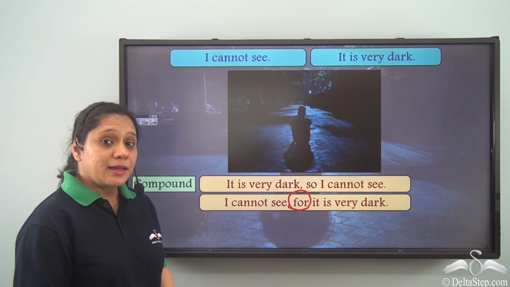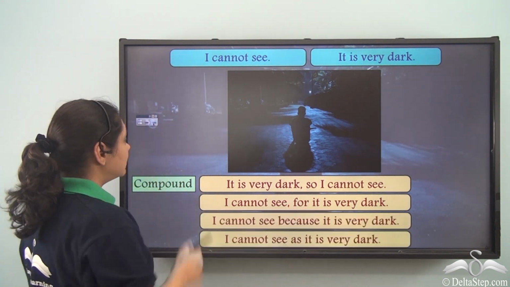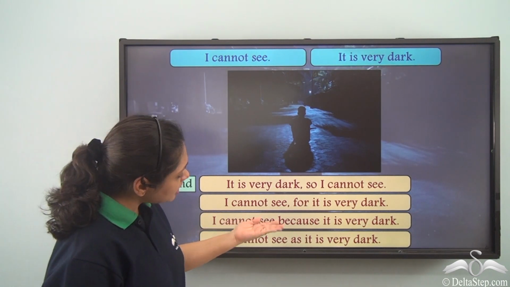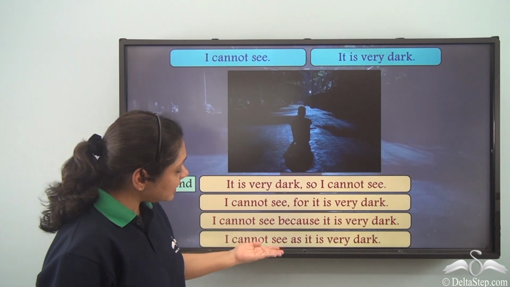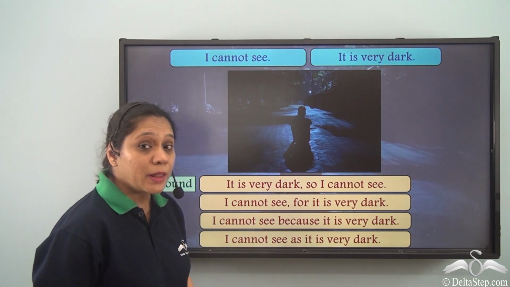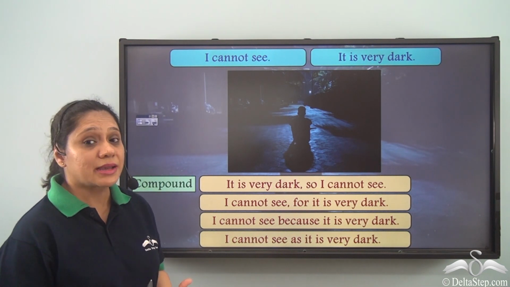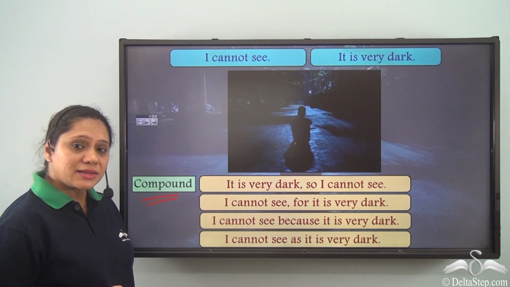Now you can say that I can also join the two sentences in these ways. You can say that I can write, I cannot see because it is very dark, or I cannot see as it is very dark. Now, even though the synthesis of sentences would be correct, remember that we are trying to make compound sentences here.